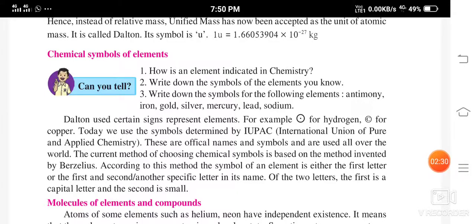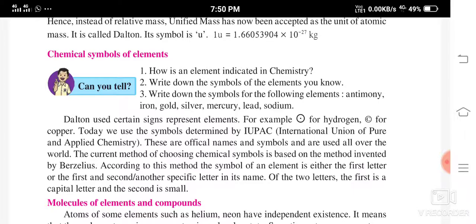Write down the symbols of the elements you know. Yes, so you're going to write this, okay. If you take out the modern periodic table, you will get the symbols of the elements. So write down some of the symbols of the elements, you should know this. Then write down the symbols for the following elements, that is antimony.